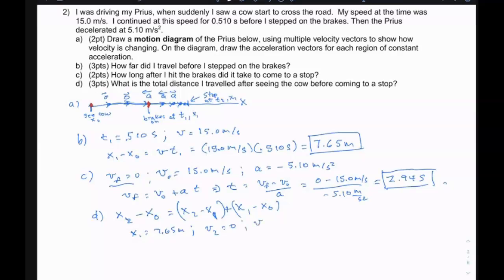We know that V1 is equal to 15.0 meters per second. And we know the acceleration is equal to minus 5.10 meters per second squared.